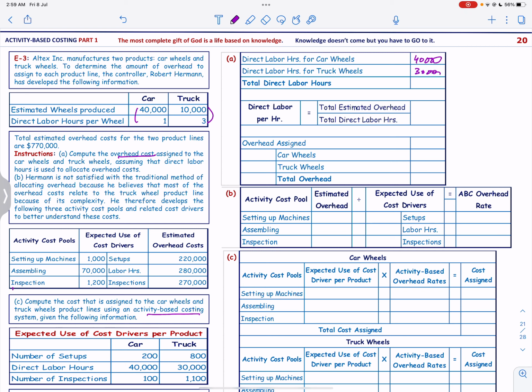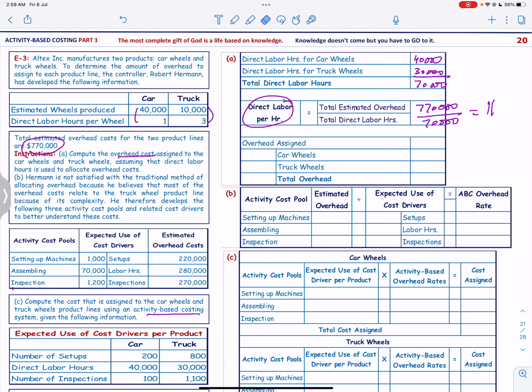So the total direct labor is 70,000, and from this we can calculate the overhead rate per direct labor hour. Total estimated overhead is 770,000. 770,000 divided by the total direct labor hours, 70,000, is equal to 11.